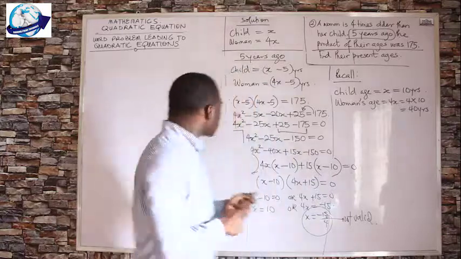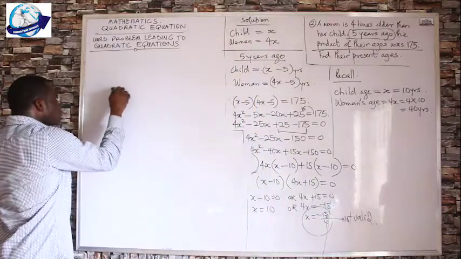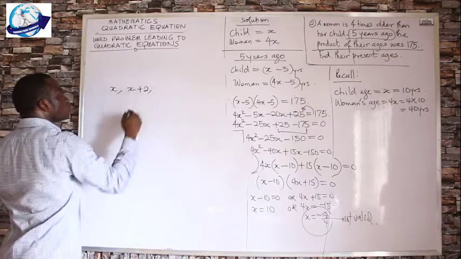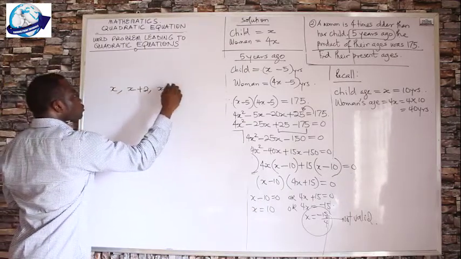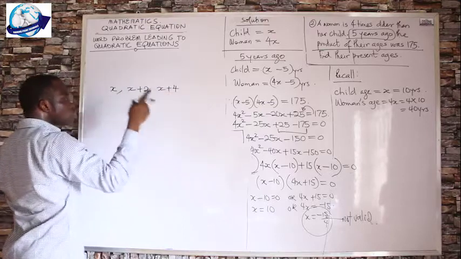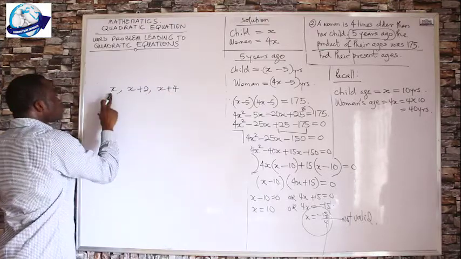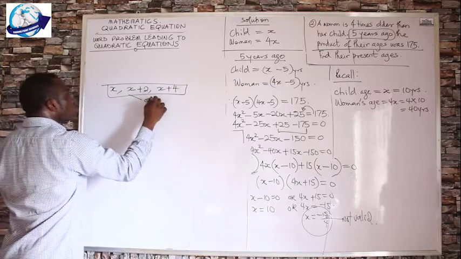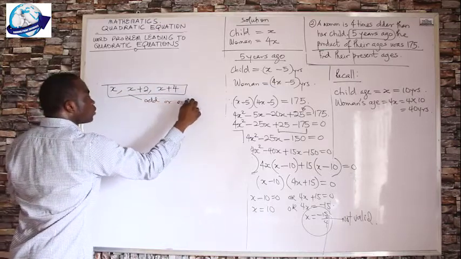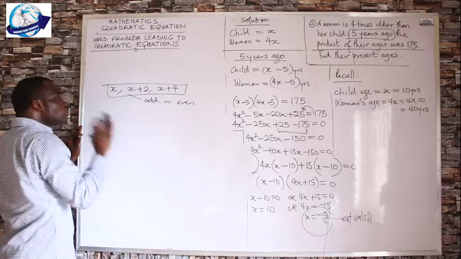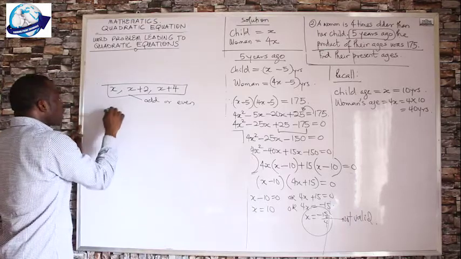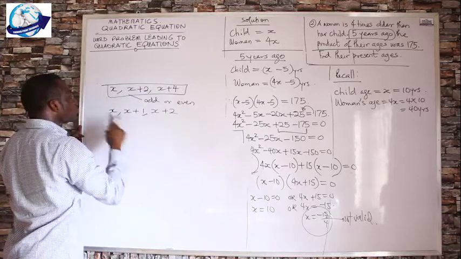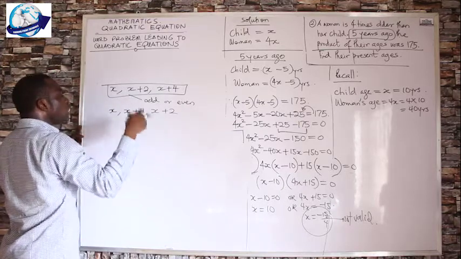You say x, comma, for odd numbers, x plus 2, x plus 4, you keep adding 2 like that. This is used for consecutive odd numbers or consecutive even numbers. But when you say consecutive numbers only, you say x, comma, just add 1, not 2. Keep adding 1 like that. So x, comma, x plus 1, x plus 2, and so on.